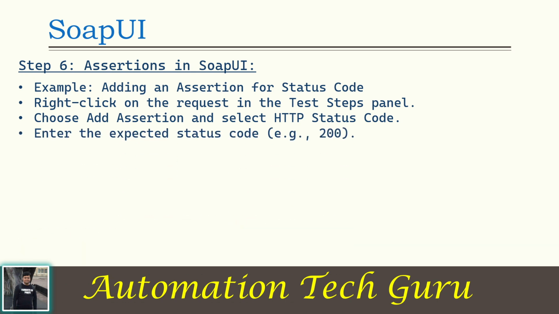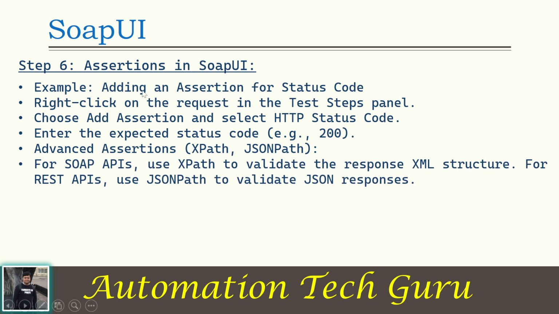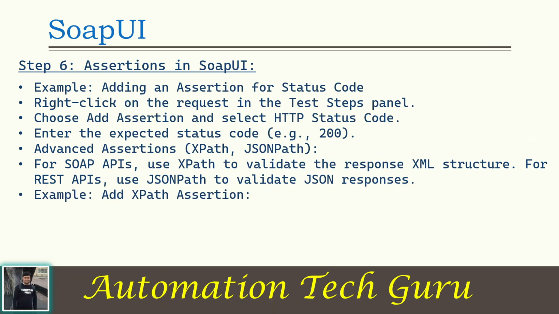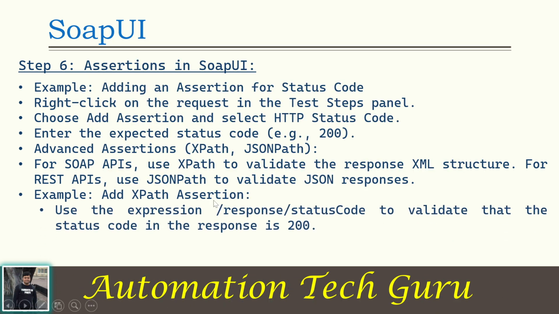Enter the expected status code, and then you can add. You can also have the advanced assertion for SOAP API. Use XPath to validate the response XML. And for XPath, you can use the expression response or status code.